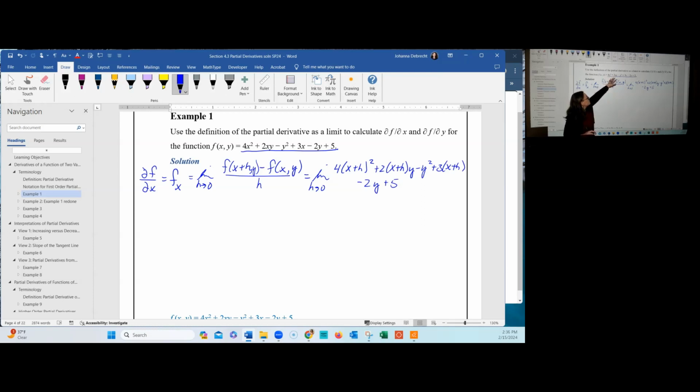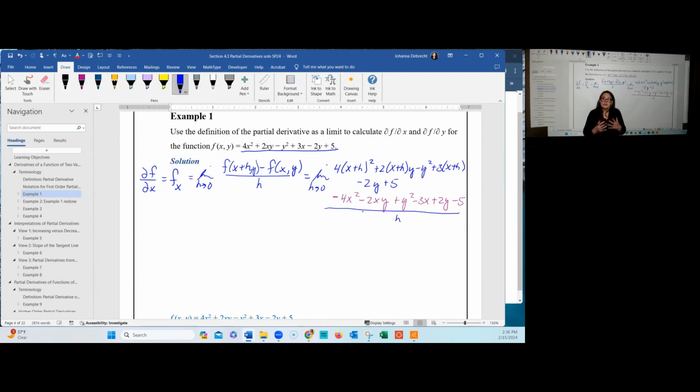So this is going to give me the 4x squared plus 2xy minus y squared plus 3x minus 2y plus 5, but all subtracted. To subtract the whole thing, we'll go ahead and change all the signs. So I get minus 4x squared minus 2xy, plus y squared minus 3x plus 2y minus 5. All of this now needs to be divided by h.